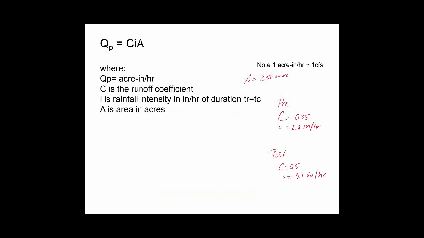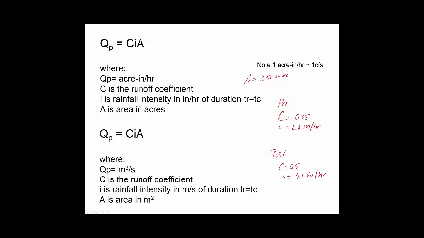So I have my Q equals CIA, and then let's take a look at the units. So QP would be in acre inches per hour, and the C is the runoff coefficient, which is dimensionless, and then the I is the rainfall intensity.